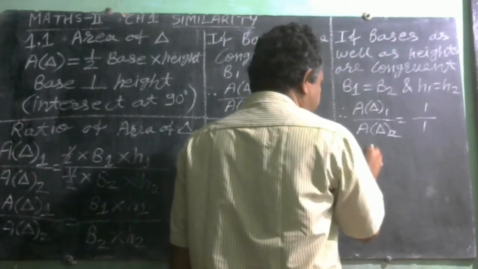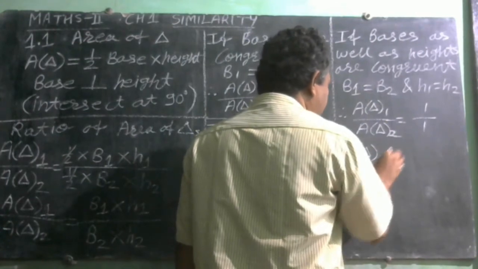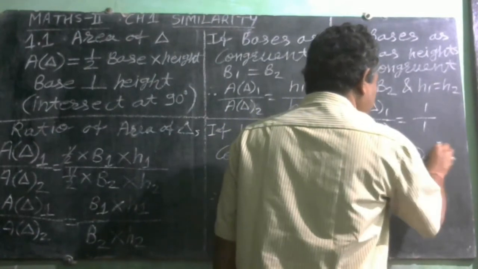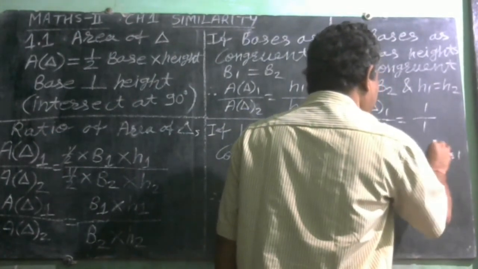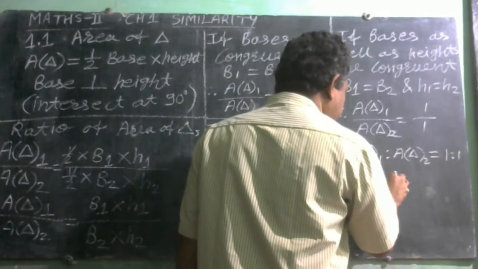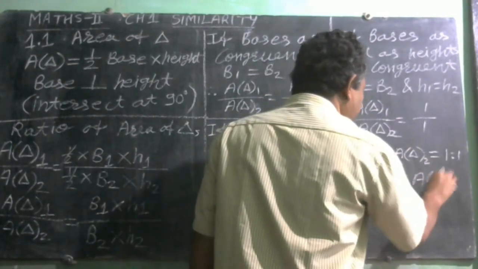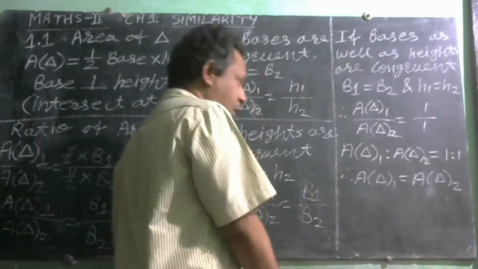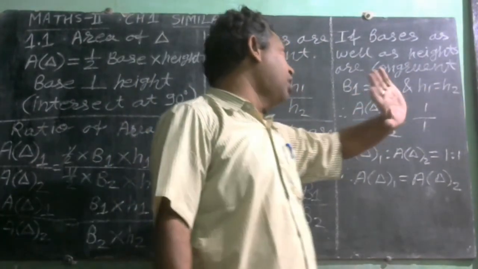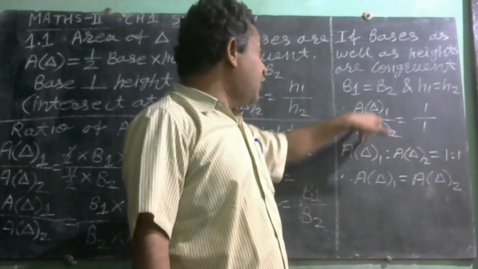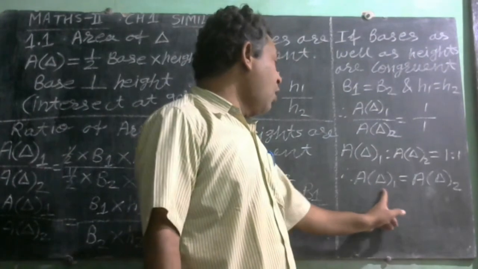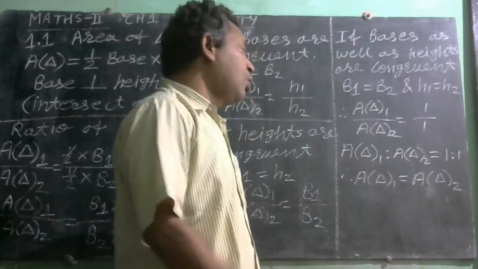That means area of triangle 1 ratio area of triangle 2 equal to 1 to 1. That means area of triangle 1 equal to area of triangle 2. Therefore, if base and height are congruent, the ratio of two triangles is 1 to 1.